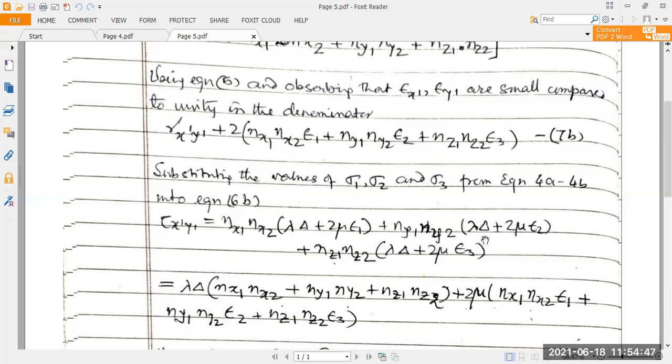That's why it is put everywhere here. This is the value of epsilon 2, epsilon.